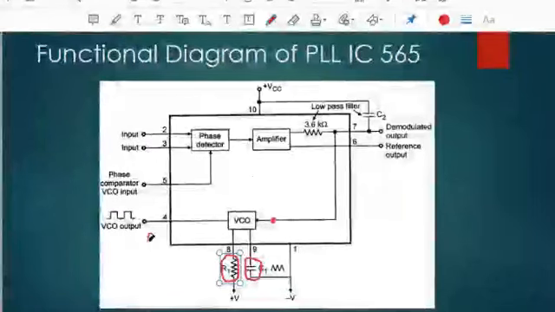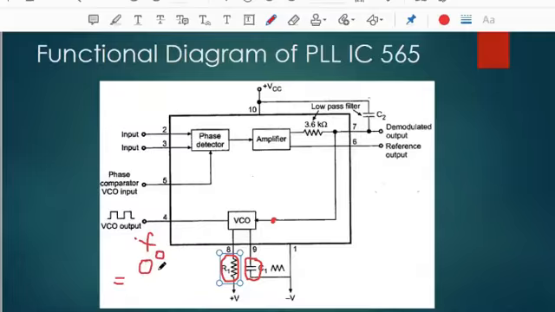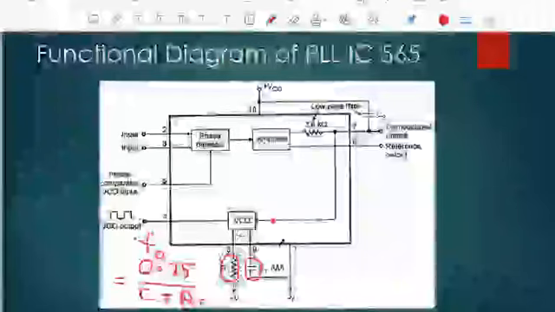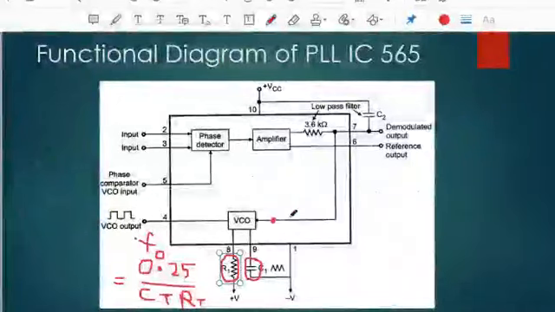The free running frequency of the VCO, that is F0 or F out, is determined by 0.25 divided by CT into RT. So the frequency is obtained as 0.25 upon CT into RT when the input voltage is 7 by 8 times of VCC.